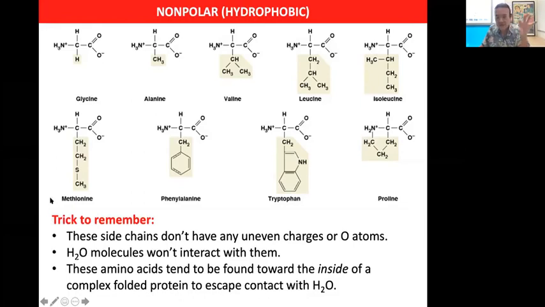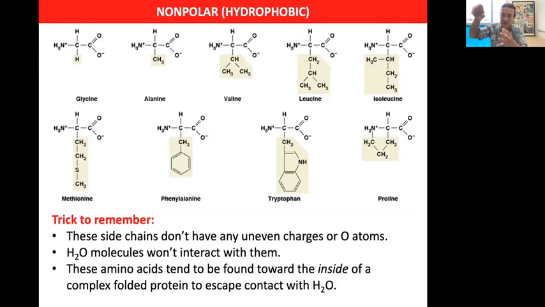For this first group, nonpolar hydrophobic, the side chains here don't have any uneven charges or oxygen atoms on them. Therefore, water molecules won't really interact with them. Remember, hydrophobic molecules are those that don't really attract the polar water molecules.